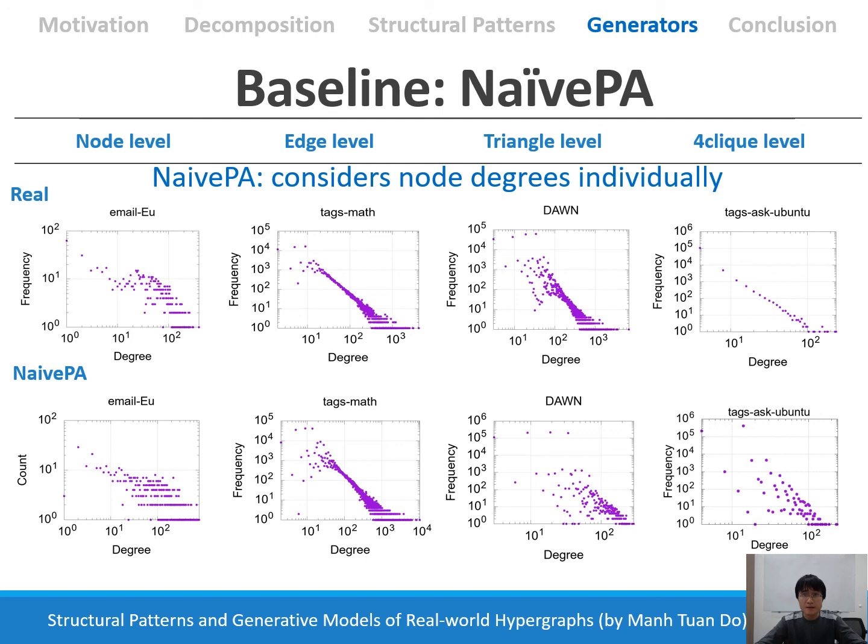As you can see, different from HyperPA, naive PA disregards all subset interactions. With such a mechanism, naive PA often fails to reproduce the 5 structural patterns. This illustrates the essential role that subset interactions play in reproducing the 5 structural patterns of the real-world hypergraph.